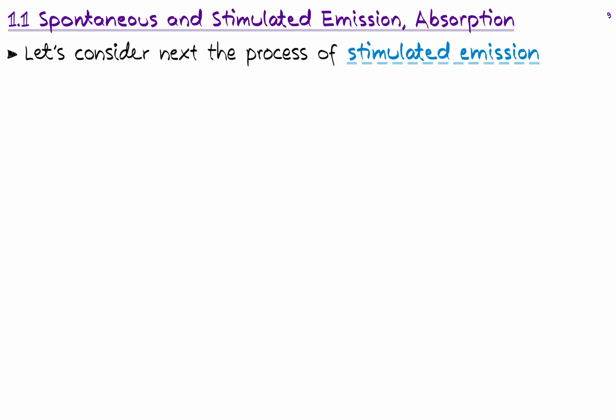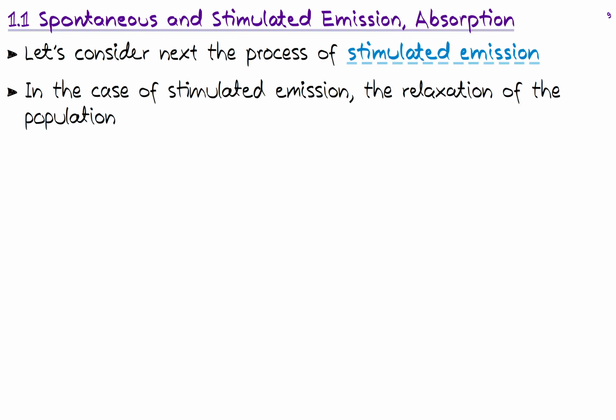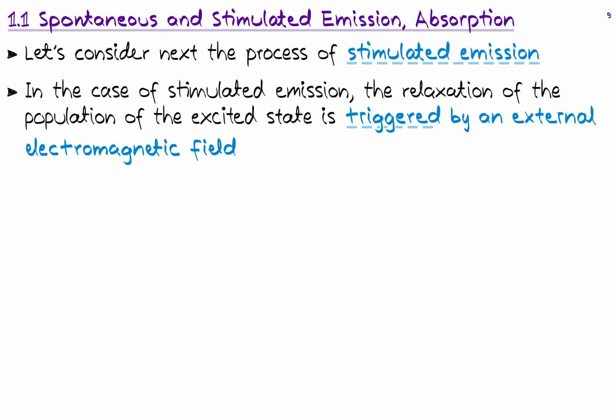Now let's move forward. Let's next consider stimulated emission as a process. So now we want to stimulate an emission process, and we are interested in the relaxation of the population of the excited state again. And now what happens is that this relaxation process is triggered by an external electromagnetic field. That's the physics behind the word choice of stimulated emission.